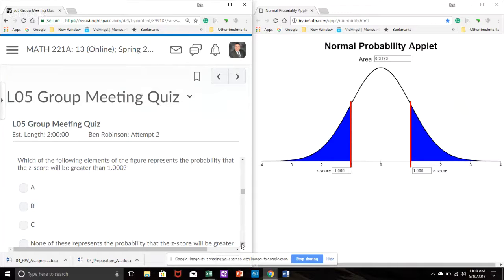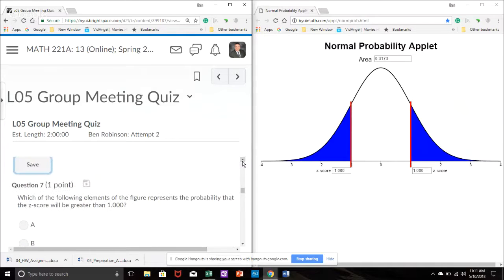Okay, which of the following elements of the figure represents a probability that the z-score will be greater than 1? Oh, I'm sorry, just one. Okay, so up here.